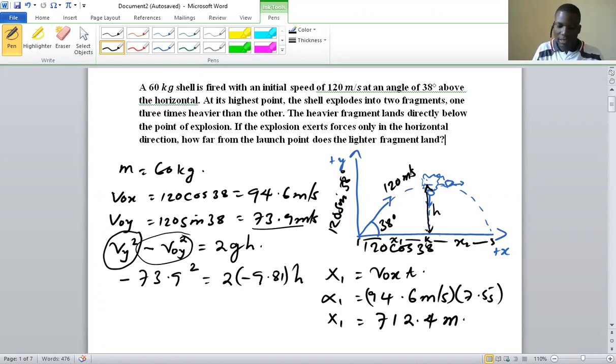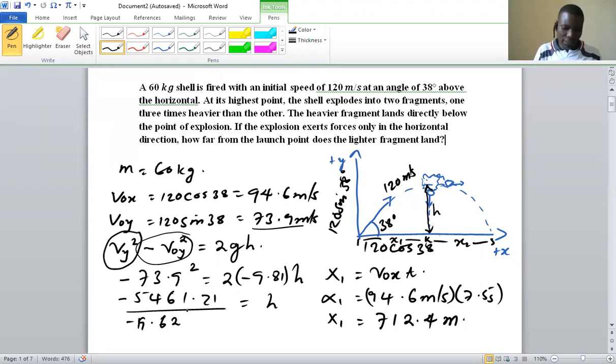So we want this height. So now this is going to give us negative 5461.21 being divided by negative 19.62.